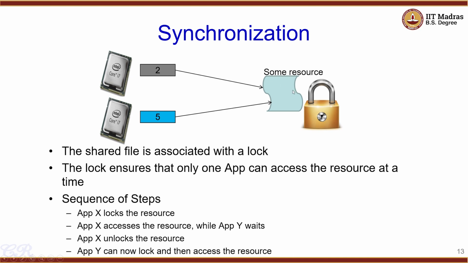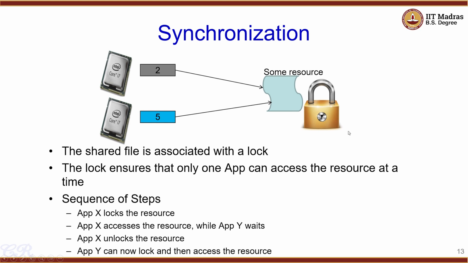So, application 2 could utilize the resource. If it is a printer, then application 2 could essentially print its document. Now, if at any particular time during this, application 5 tries to use the printer, then application 5 is blocked until the printing is complete by application 2 and the lock is released.